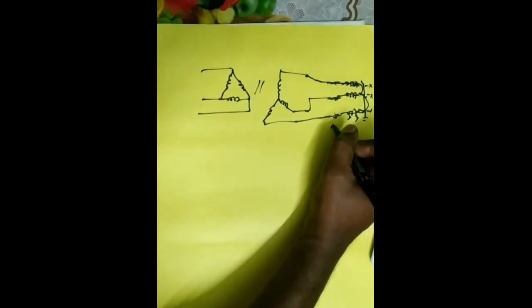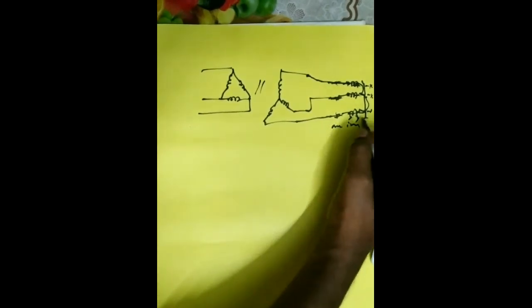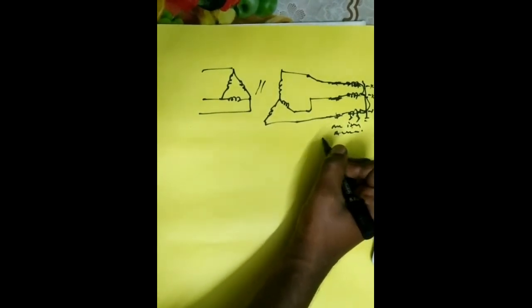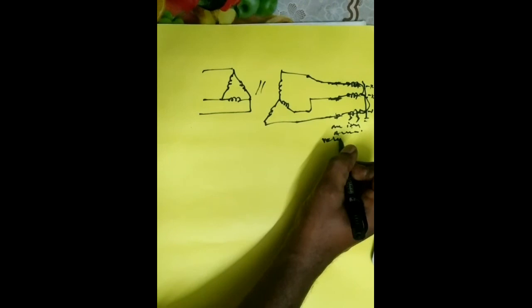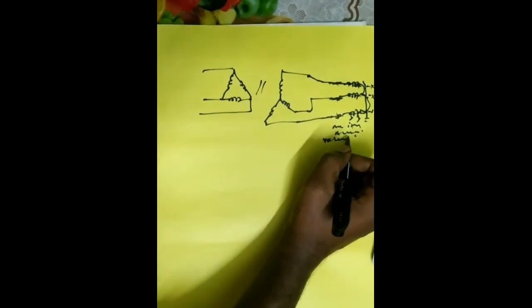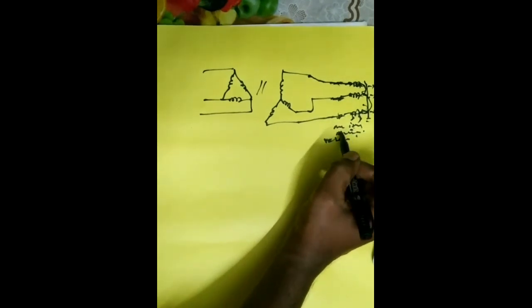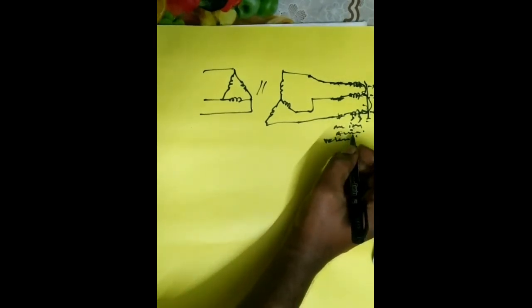It will go to measuring instruments like an ammeter, and again it will go to the relay also. If you measure the secondary current, you will get the same value as we have calculated. Both will be the same.